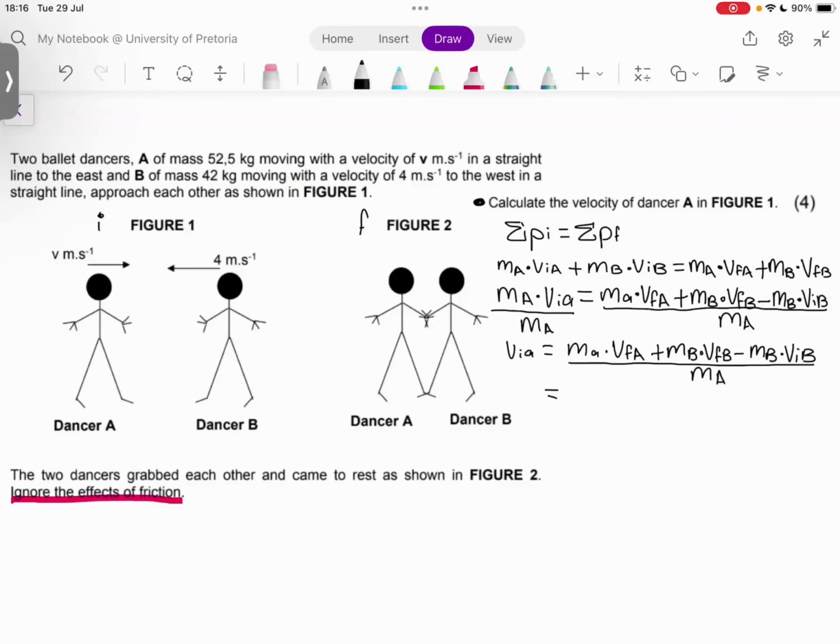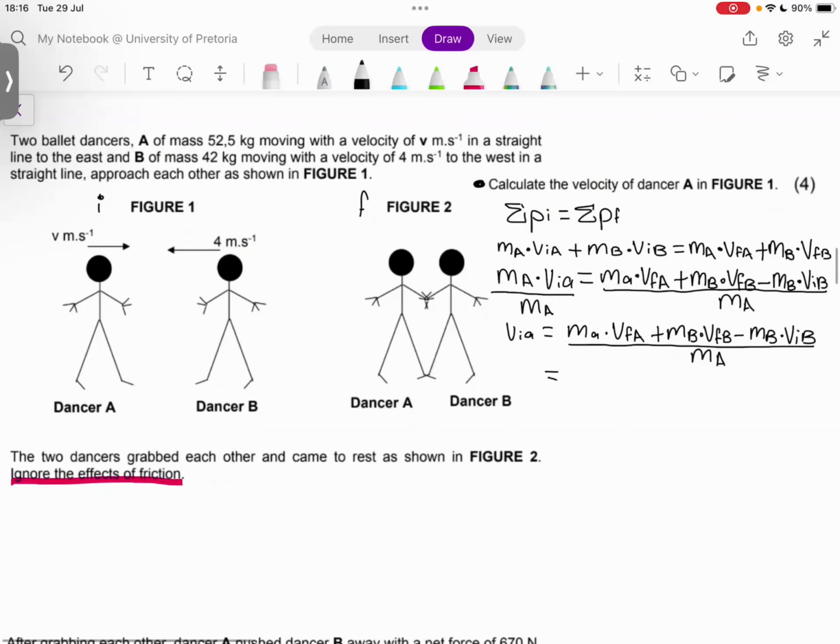Also, I need you guys to know that we have to pick our sign convention. So if you're picking west as positive, make sure that everything going east is negative. I'll just give you guys a minute or two to find the final answer, and we'll then check if everybody is on the same page.